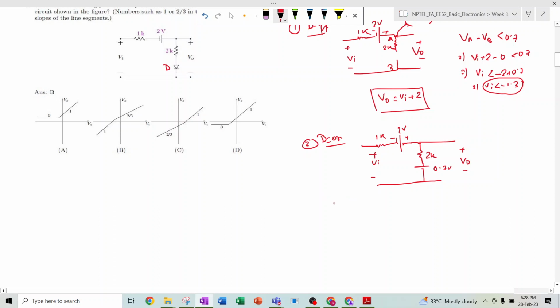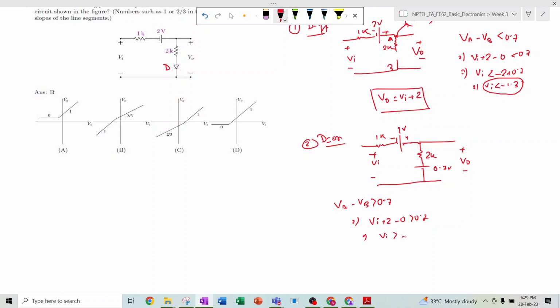The diode will be on when Va minus Vb is greater than 0.7 volt. Similarly, we can write Vi plus 2 minus 0 greater than 0.7 volt, which is Vi greater than minus 1.3 volt. So minus 1.3 volt is the transition at which the diode turns on, right?